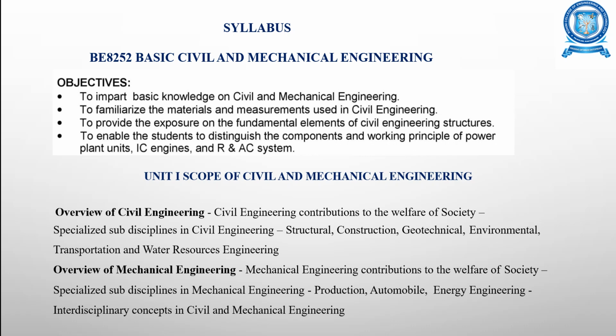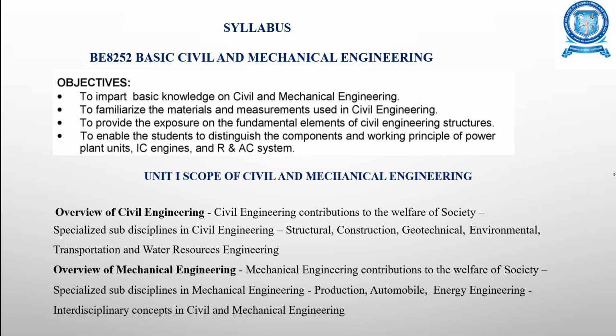So coming to Unit 1, that is the Scope of Civil and Mechanical Engineering, the first part is the overview of civil engineering. The students will be studying about the civil engineering contribution to the welfare of the society and the specialized subdisciplines in civil engineering like structural, construction, geotechnical, environmental, transportation, and water resource engineering.